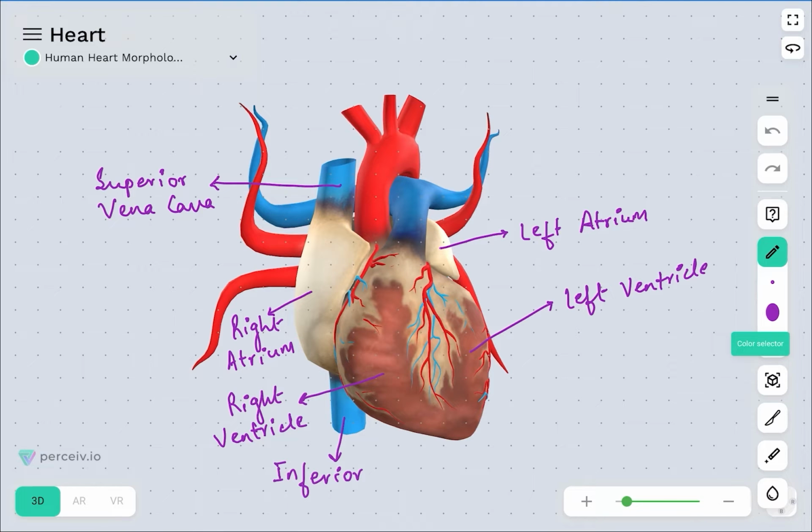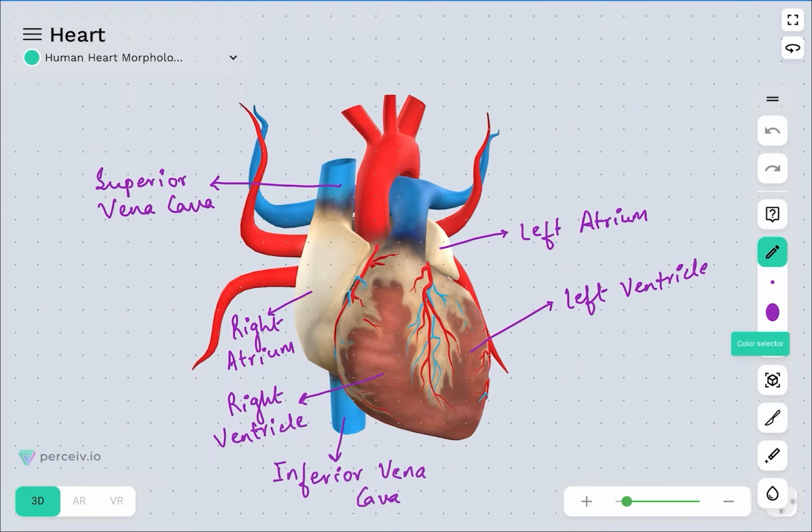The superior vena cava will carry the impure blood from the upper parts of the body, while the inferior vena cava will carry the blood from the lower parts of the body. The details of all these blood vessels have been provided in another set of model that depicts the human heart anatomy part. So you can go through it, and the details of all the blood vessels along with the septum and everything has been provided over there.